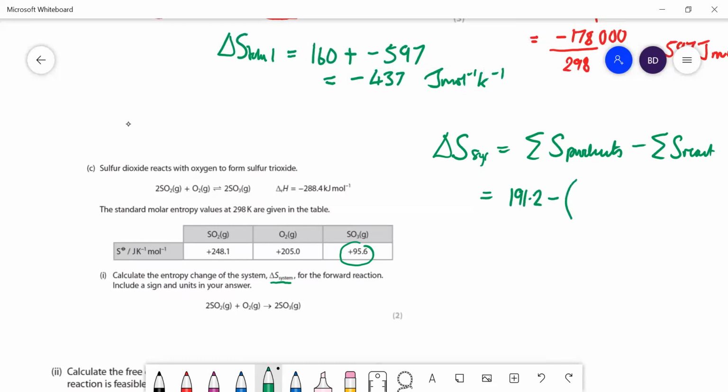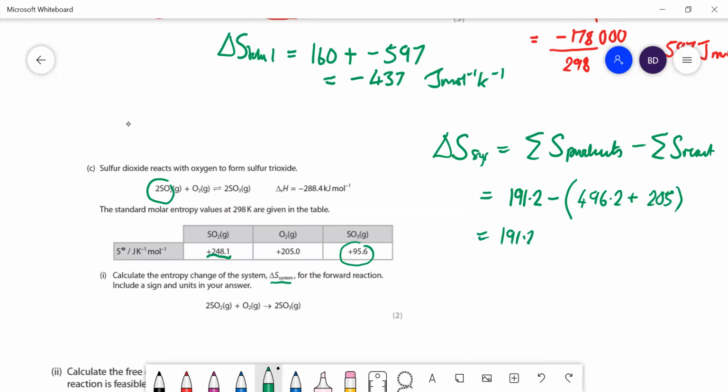Minus, now we've got to do 2 times the value for SO2, so that's 2 times 248.1. That's 496.2, and then for the oxygen it is 205.